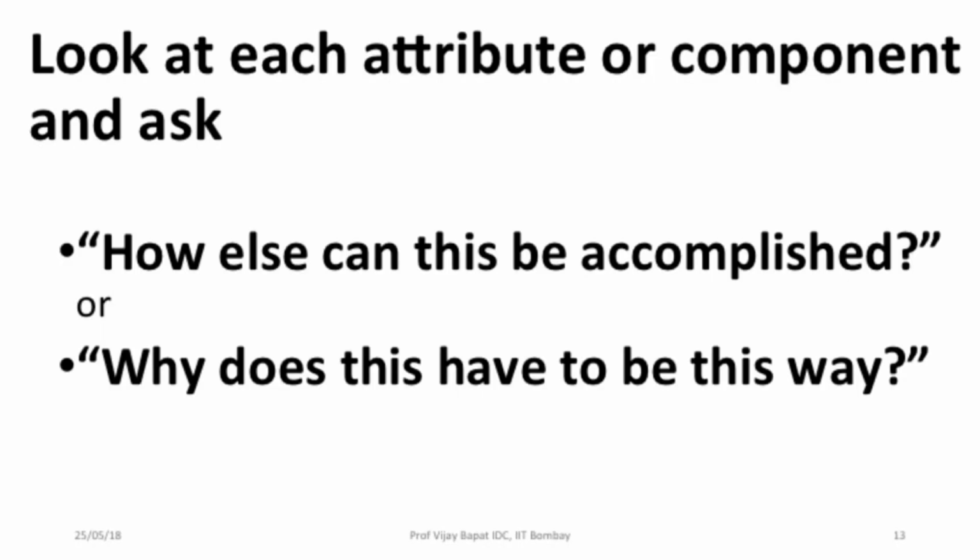So the method is to look at each attribute, or the different aspects or parts of the product, and ask how else can this be accomplished, or why does this have to be this way? Can I make it different? In how many ways can I make this different?